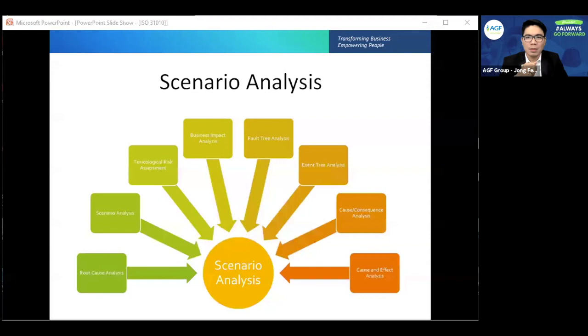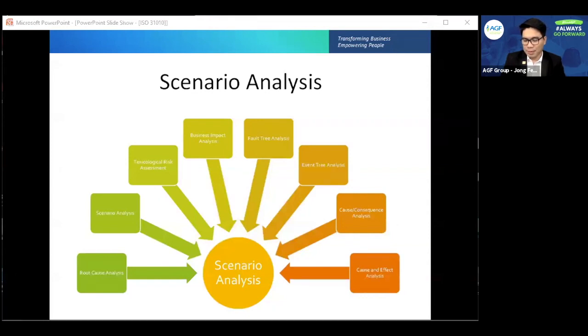That's up to you. Root cause looks for the source. There are even different methods of root cause analysis, many of them. Scenario analysis identifies risks through imagination and extrapolation of the present, assuming the scenario occurs. Toxicological assessment is the analysis of the pathways through which the target will be exposed to the hazard. Business impact analysis is to understand what happens when your operations stop running and are disrupted, and how bad that is for you.